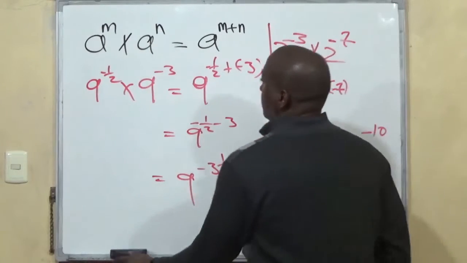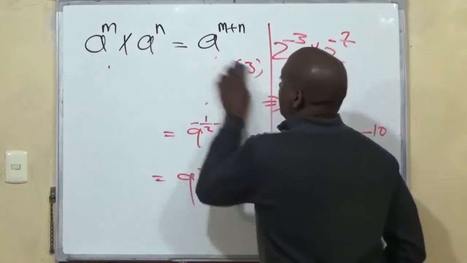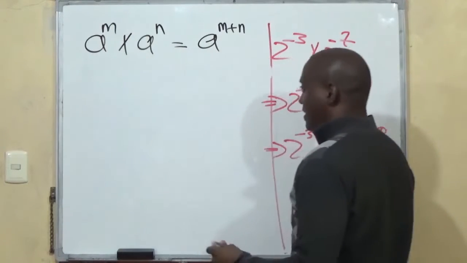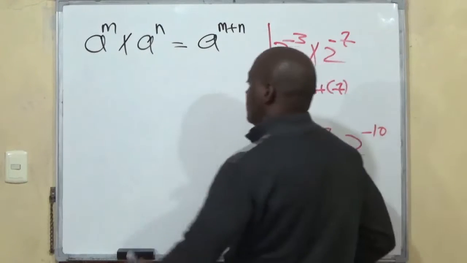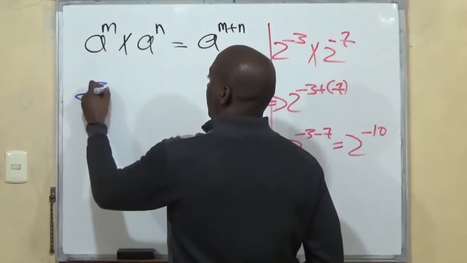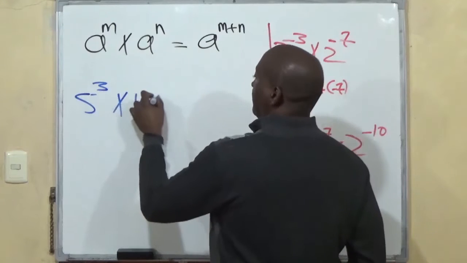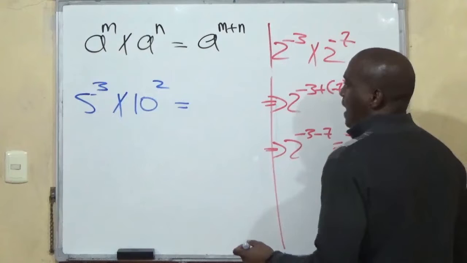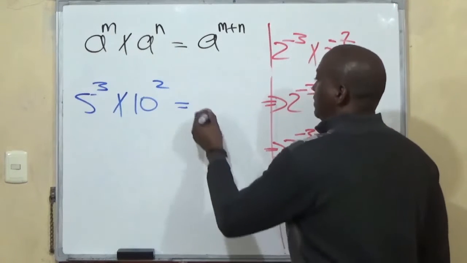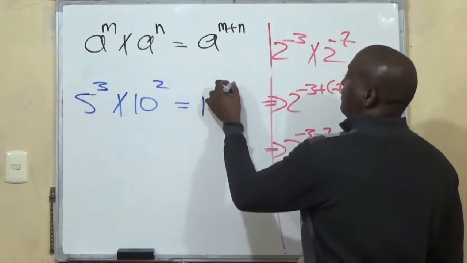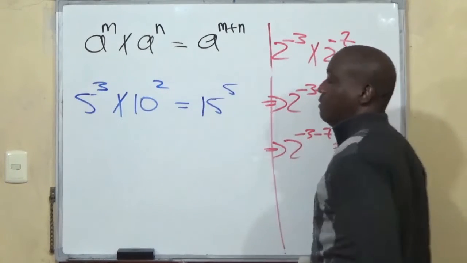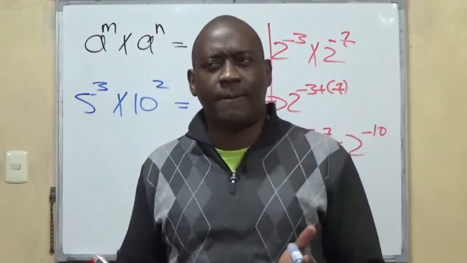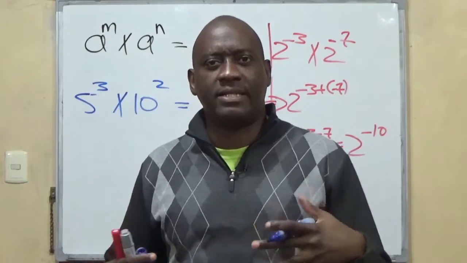So in other words, we cannot say that 5 to the power of 3 multiplied by 10 to the power of 2 is equal to 15 to the power of 5. I know that there are people who would do this. People will do that, and that is a mistake that you could understand.